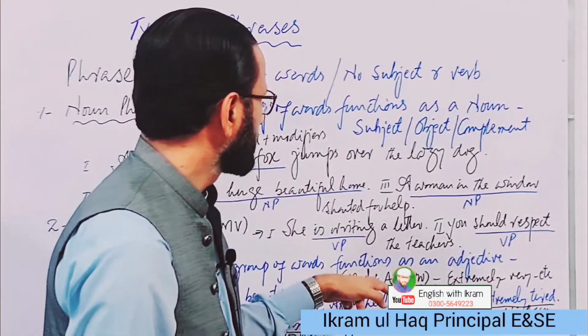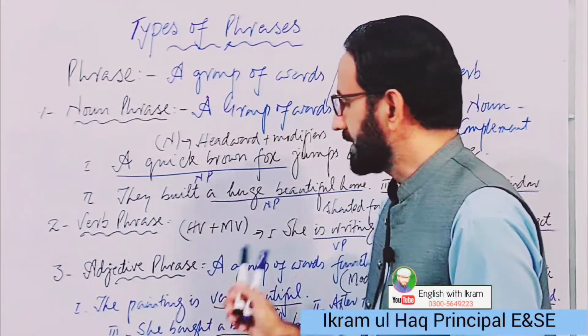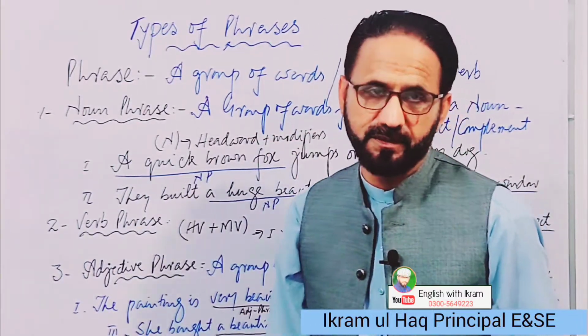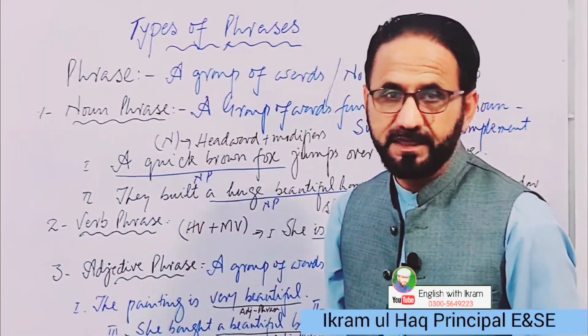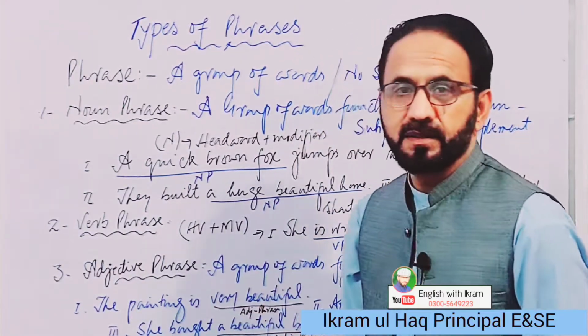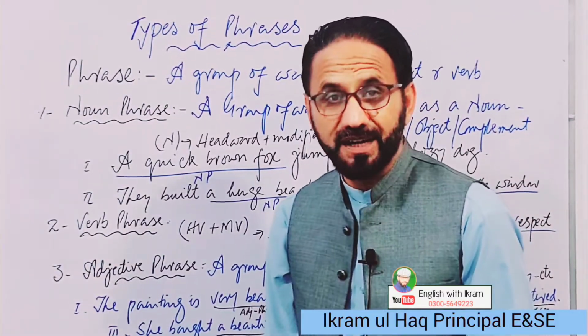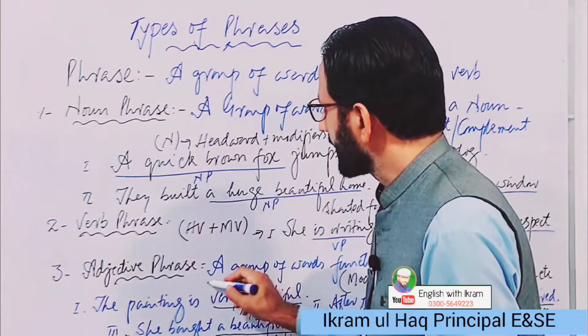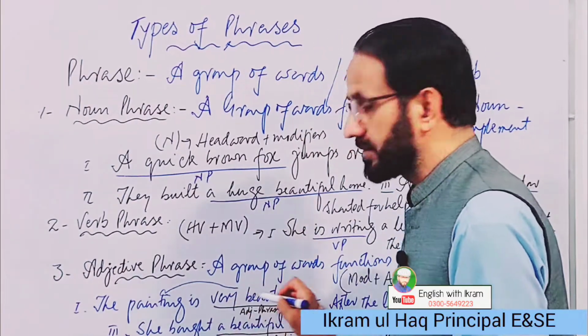For example, let's take some examples. The painting is very beautiful. Here the group of words very beautiful tells us something more about the painting. Painting is a noun, so this group of words modifies the noun painting. Very is a modifier, beautiful is an adjective.